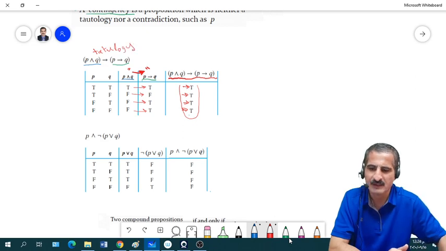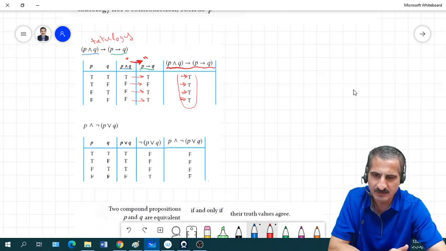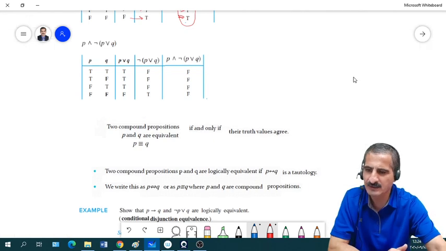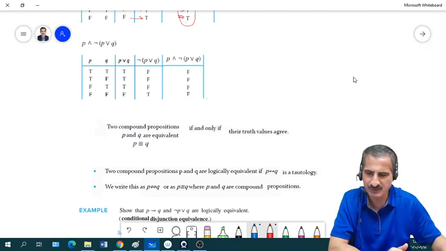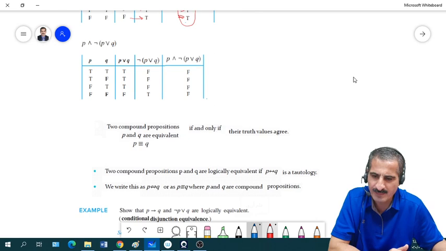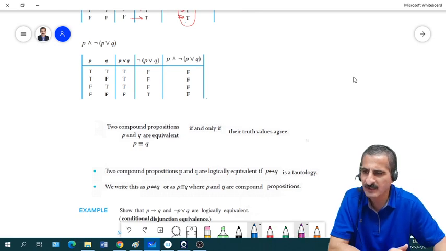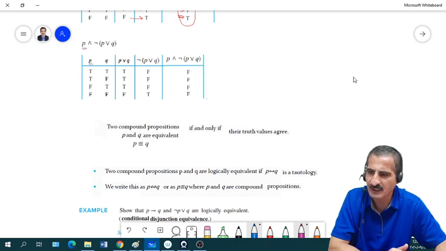Let us see the other compound proposition. We have P, here are the truth values of P, and we have P or Q, and we take the negation of P or Q, and here is the negation. So if we have true, we get false, true, false, true, false, false, true.